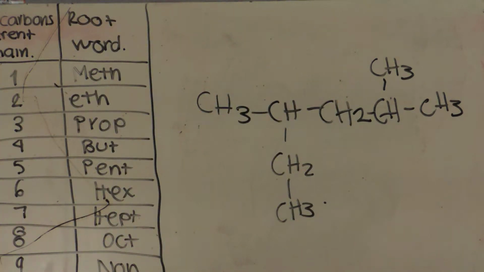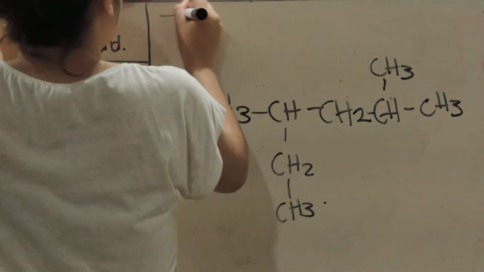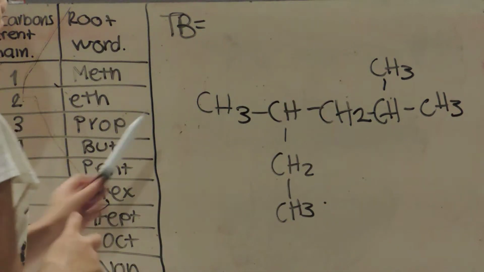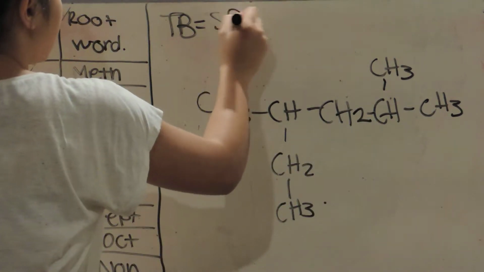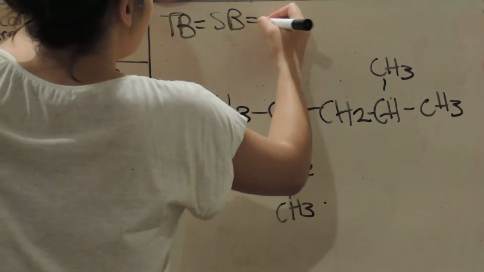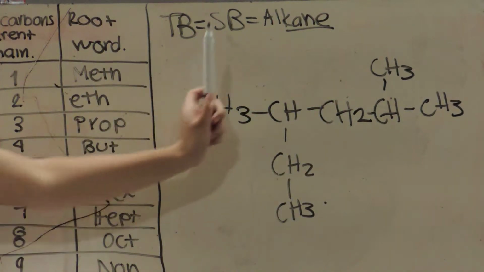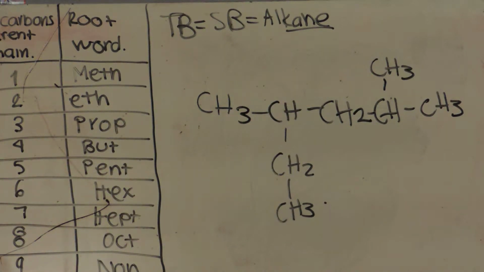What is the first step that we need to do? To identify the type of bond that we are using. The type of bond that we are using, as we can see, is all single bonds. When we are talking about single bonds, we are talking about an alkane. Perfect. Now that we know that it's an alkane, we need to identify the longest chain of carbons, or the parent chain. Okay, how can we know that?